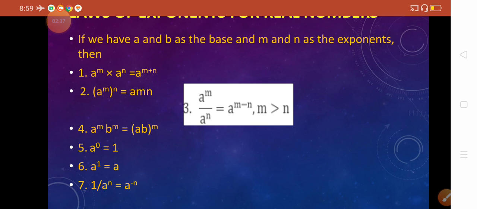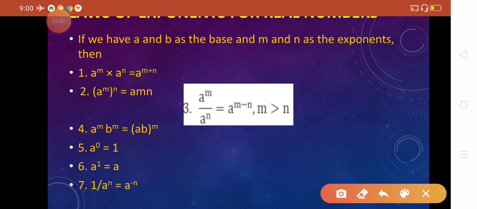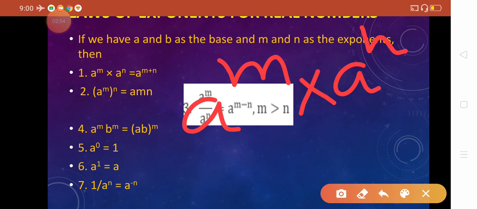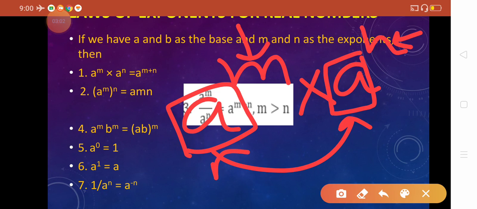The first law of exponents is a raised to power m multiplied by a raised to power n. Here the base is a, exponent is m; here also the base is a, exponent is n. So the base is the same.